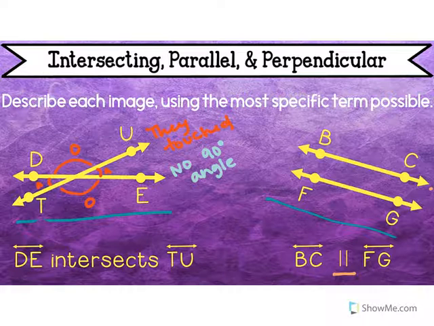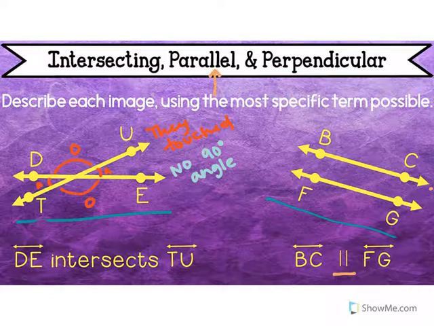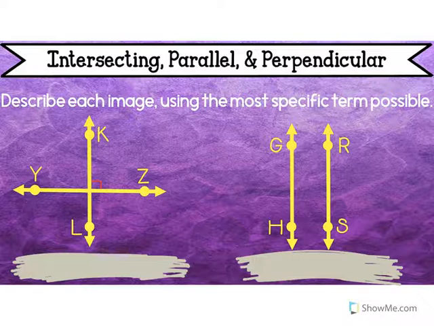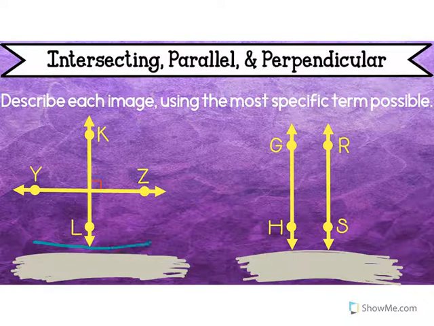If you look, a way that I remember is these two L's right there. I'm going to make that. These two L's look like parallel lines. So I remember parallel lines have parallel lines within the word parallel. That's one trick I use to remember. Okay, now take a look at this figure right here. What type is this? Intersecting, parallel, or perpendicular?